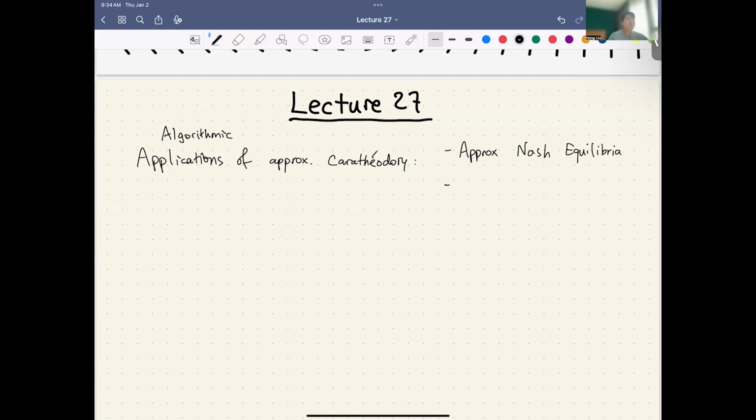And also they use it to find an approximation algorithm for finding dense subgraphs of fixed order.